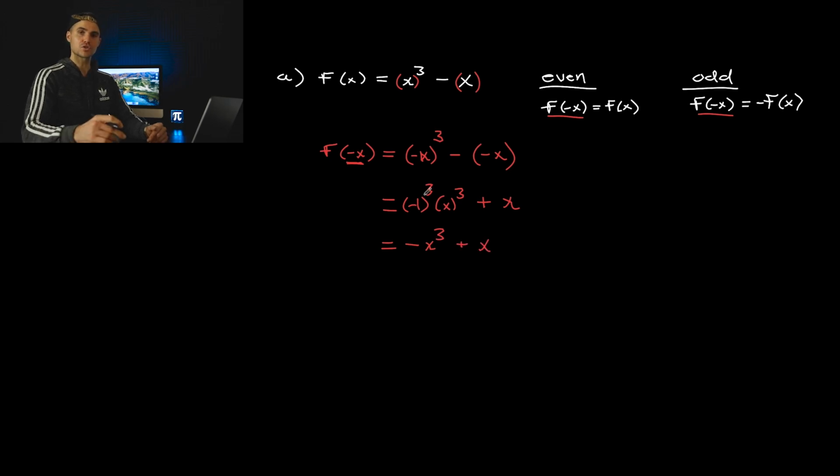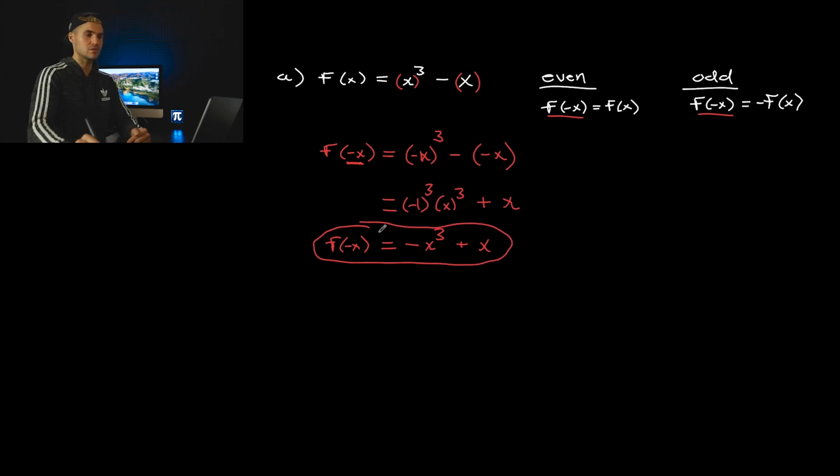If it was negative 1 to an even exponent, like negative 1 squared or negative 1 to the power 4, negative 1 to the power 6, it would turn into positive 1. But negative 1 to an odd exponent, 1, 3, 5, 7, etc., stays as a negative 1. And so now we end up with a simplified function here, negative x cubed plus x. So this is the expression for f of negative x right here.